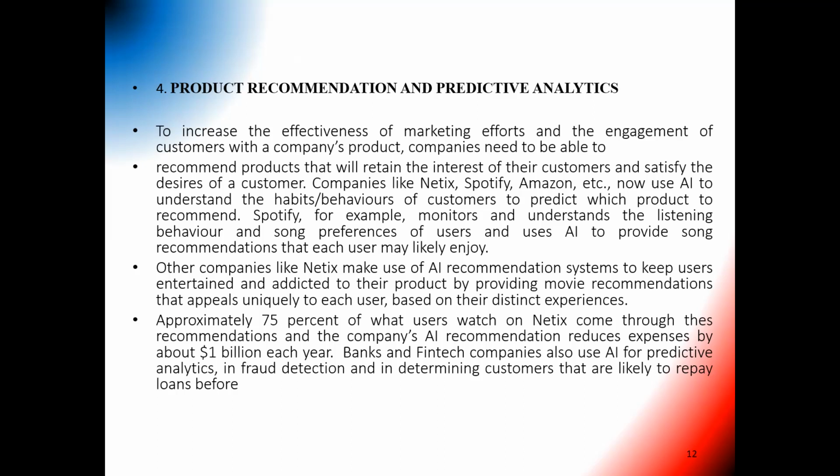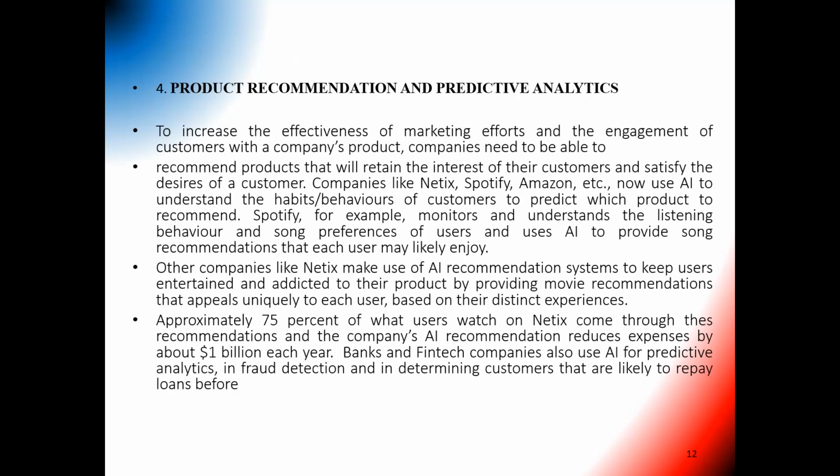So the marketing here is guided by the user preferences. Other companies like Netflix make use of AI recommendation systems to keep users entertained and addicted to their product by providing movie recommendations that appeal uniquely to each user based on their distinct experiences. So you see here, artificial intelligence is guided by your previous experiences.